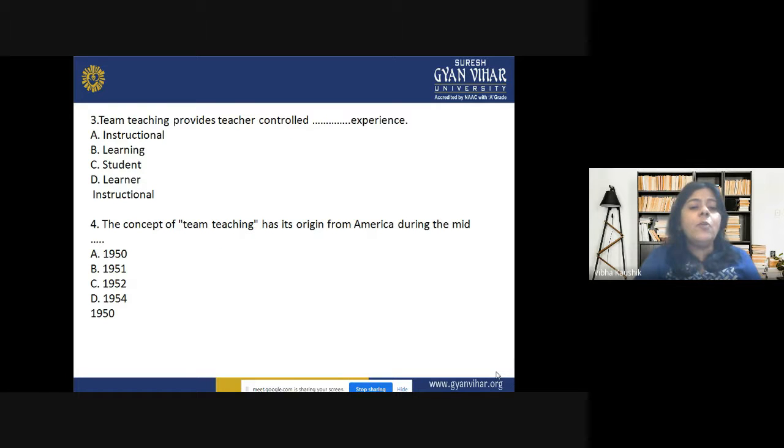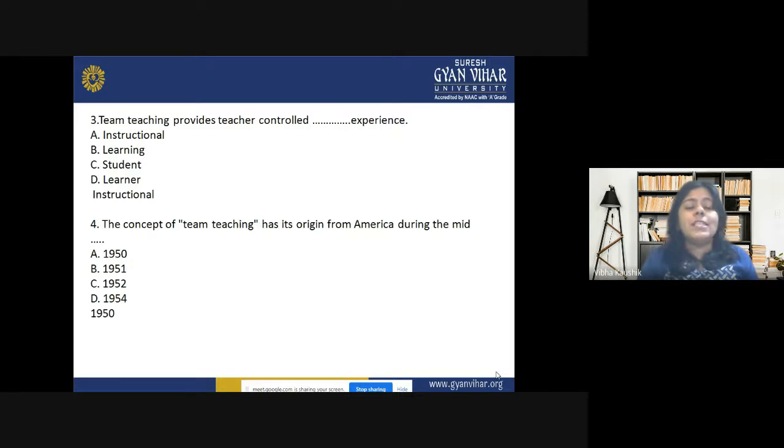Now, the third one, team teaching provides teacher controlled dash experiences. Now, the options are A. Instructional, B. Learning, C. Student, D. Learner. So, team teaching is providing teacher controlled which type of experiences.